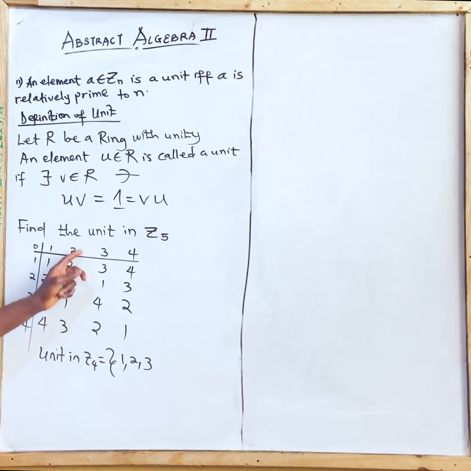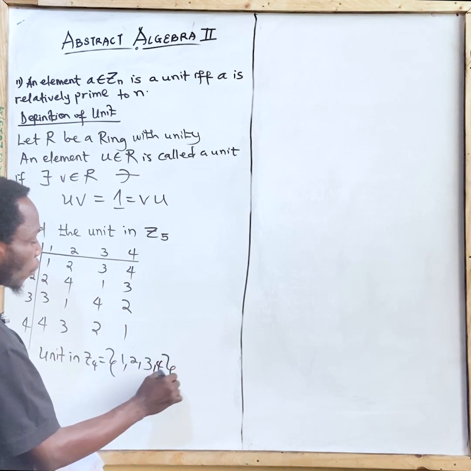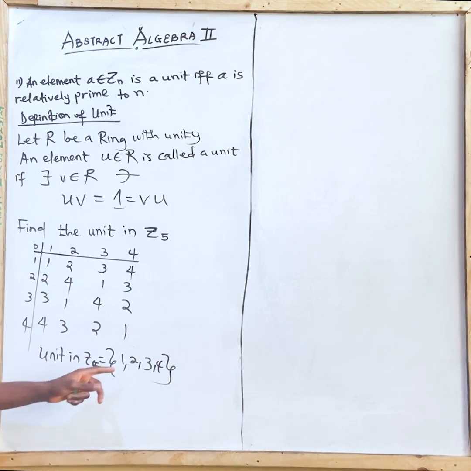And 3 and 2 is the same. 4 and 4 also gave me 1, so I also pick 4. So the units in Z5 are 1, 2, 3, 4. Why are they units in Z5? Because when you look at it, you see that they follow this definition. So that's what they mean by a unit.